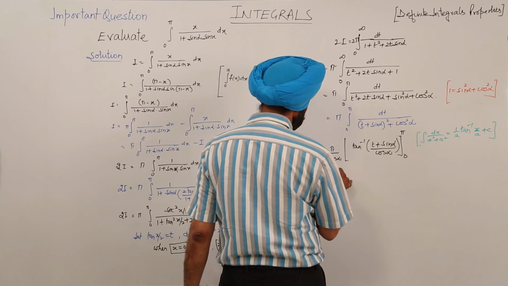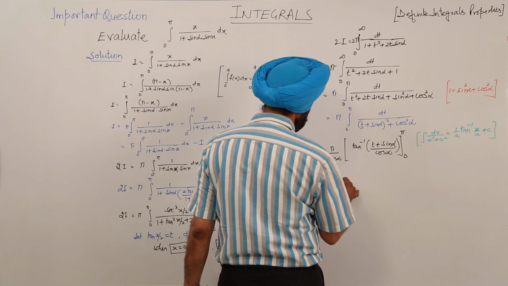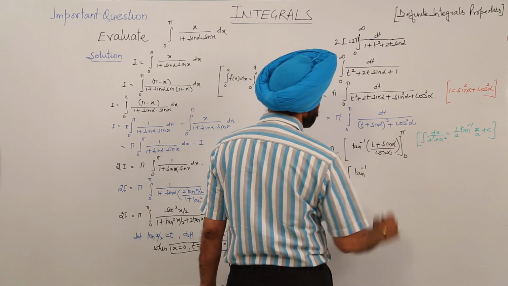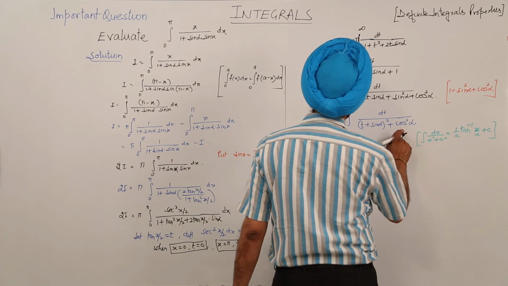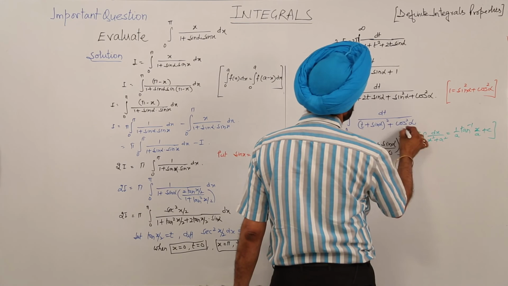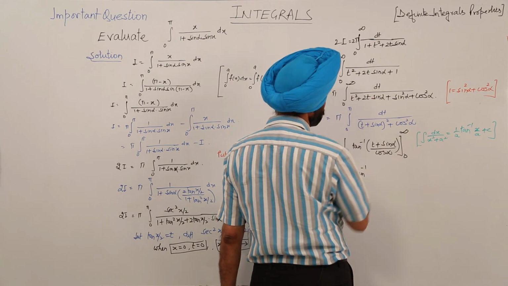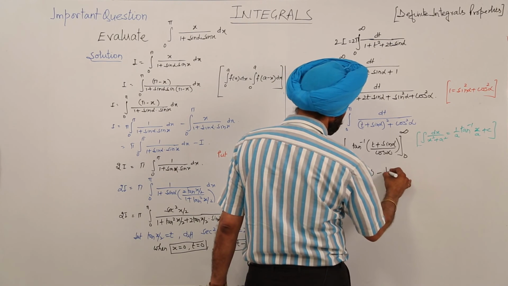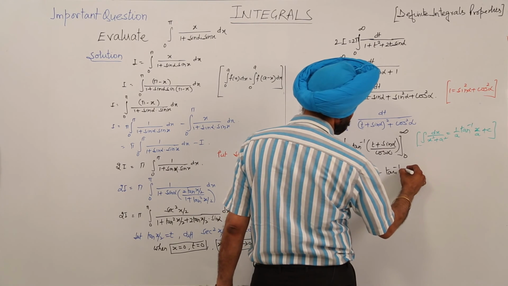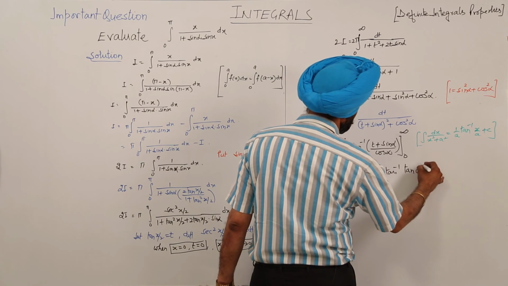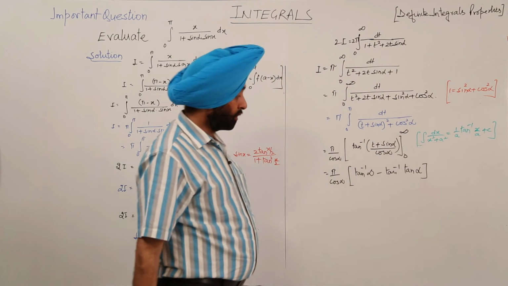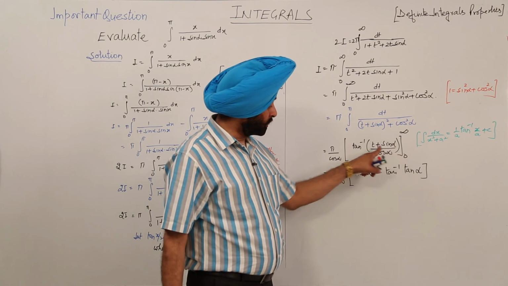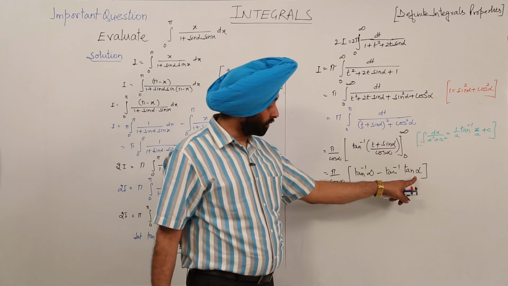Now this becomes pi upon cos alpha, here it is infinity, approaching infinity. Now this becomes tan inverse infinity minus tan inverse of tan alpha. Putting infinity for t, this becomes infinity, and putting 0 for t, it becomes sin alpha upon cos alpha, which is tan alpha.